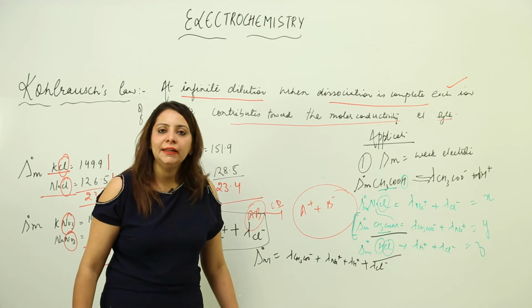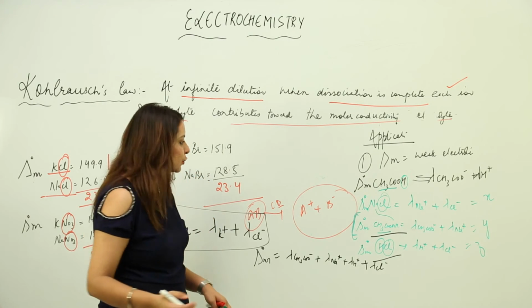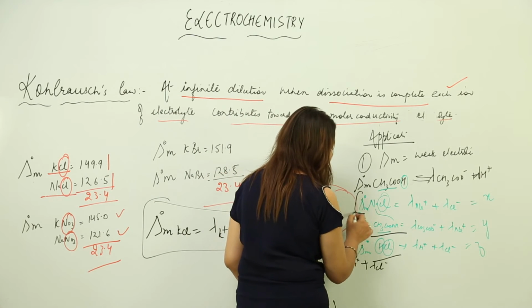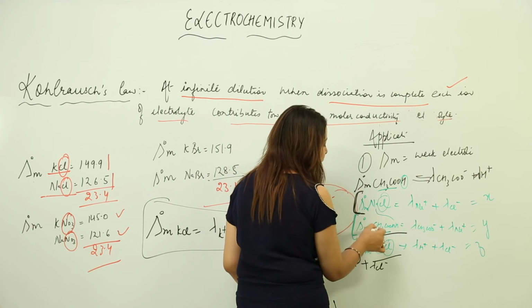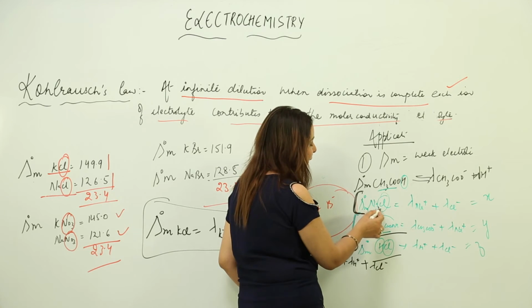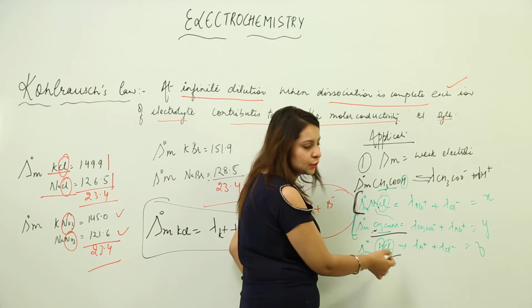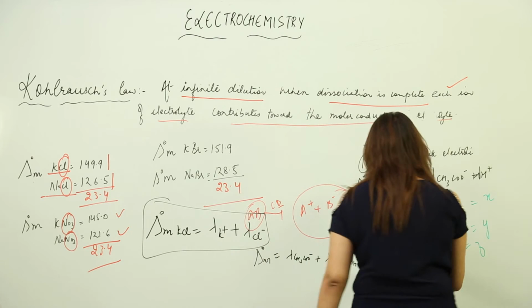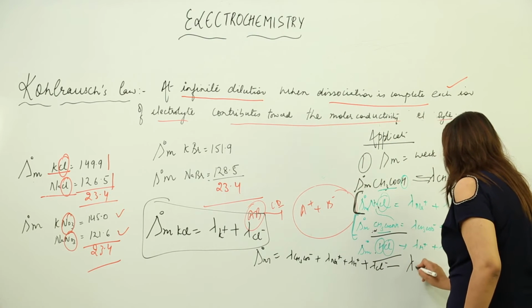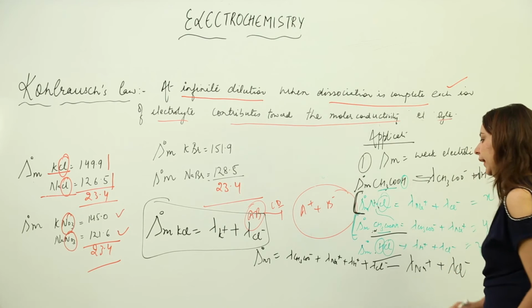Now after adding the uncommon data, subtract the third one which is left. This is left, and it contains ions similar to both of these, because this is the electrolyte which has a common ion with each. So just subtract this from here. So we have minus lambda Na positive minus lambda Cl negative.